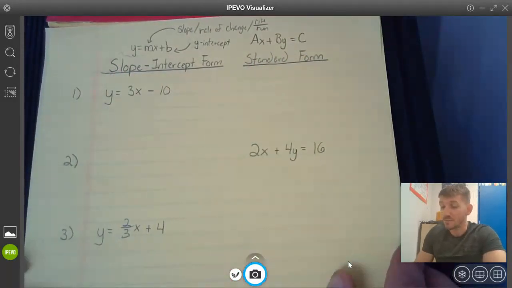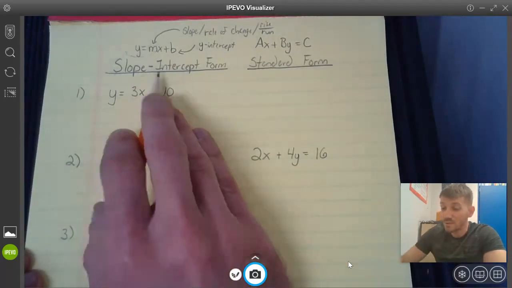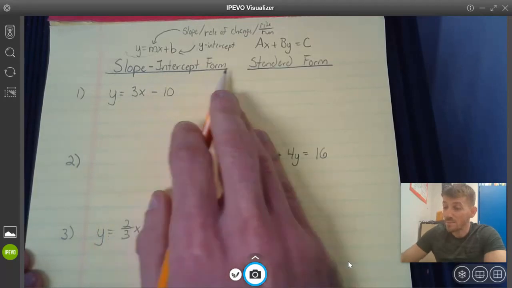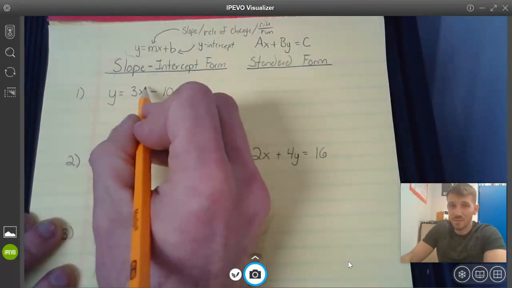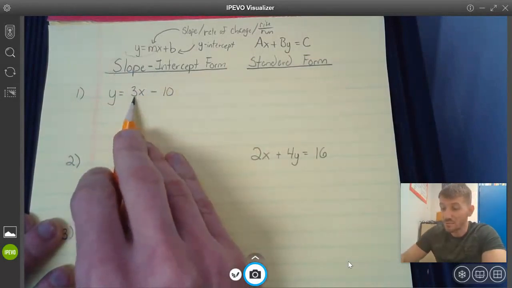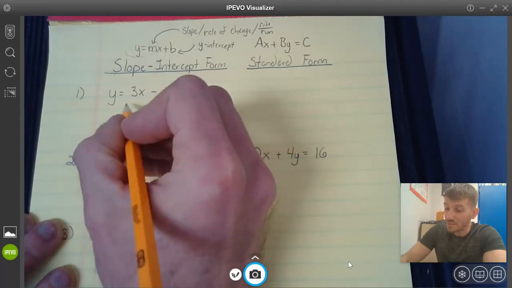So let's get started. If I were to give you y equals 3x minus 10, which is already in slope-intercept form, how would I make it in standard form? Well, as we said, this 3x is on the wrong side of the equal sign. It needs to be on the left side. So we get rid of 3x by subtracting 3x.